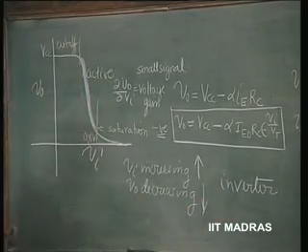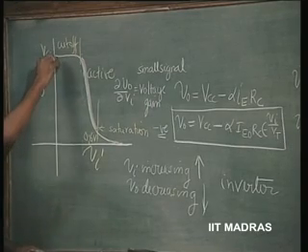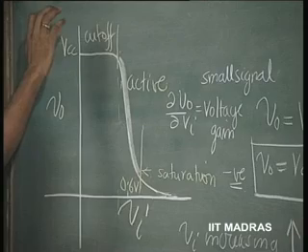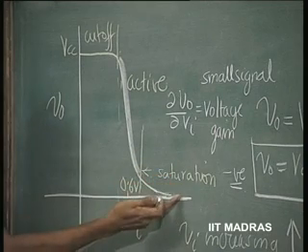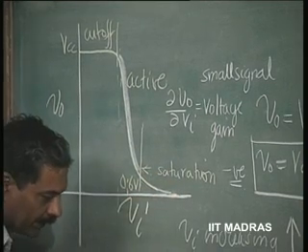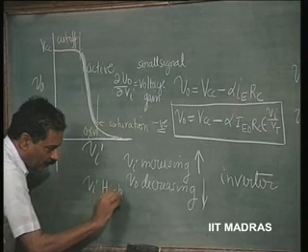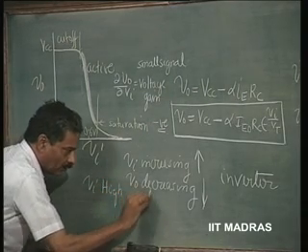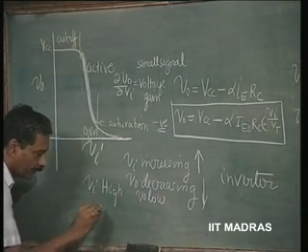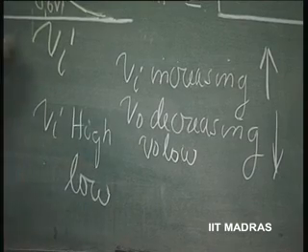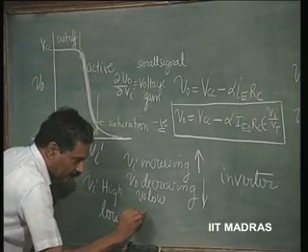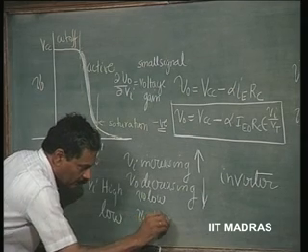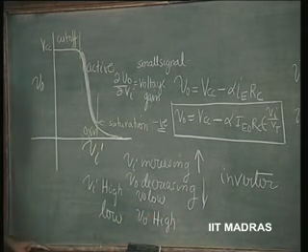Now again, if the input voltage is high, output is low. If the input voltage is low, somewhere here, output is high. This is a very interesting thing.